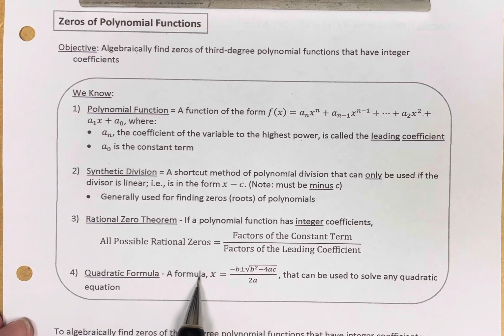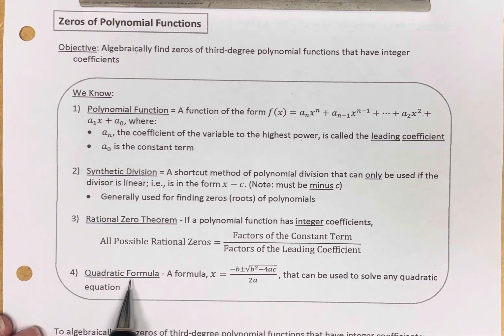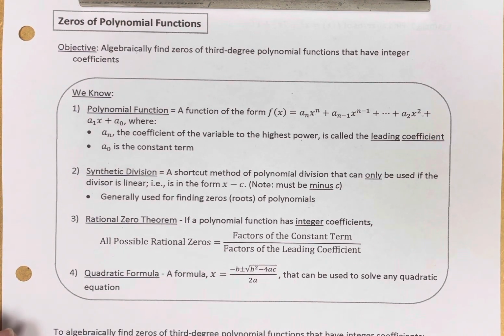It's a formula, x is equal to negative b plus or minus the square root of b squared minus 4ac, all divided by 2a, that can be used to solve any quadratic equation. As we remember, some quadratics are factorable, most quadratics are not, and so you have to use the quadratic formula to come up with the answer.